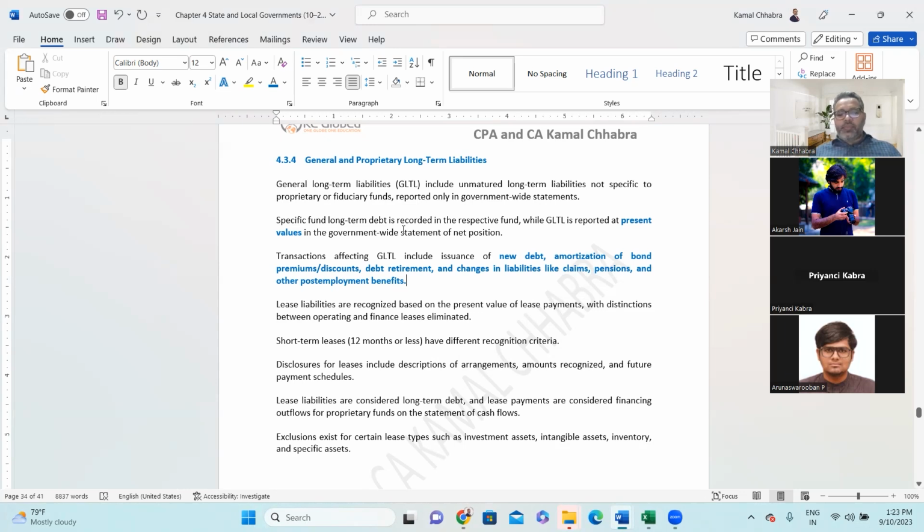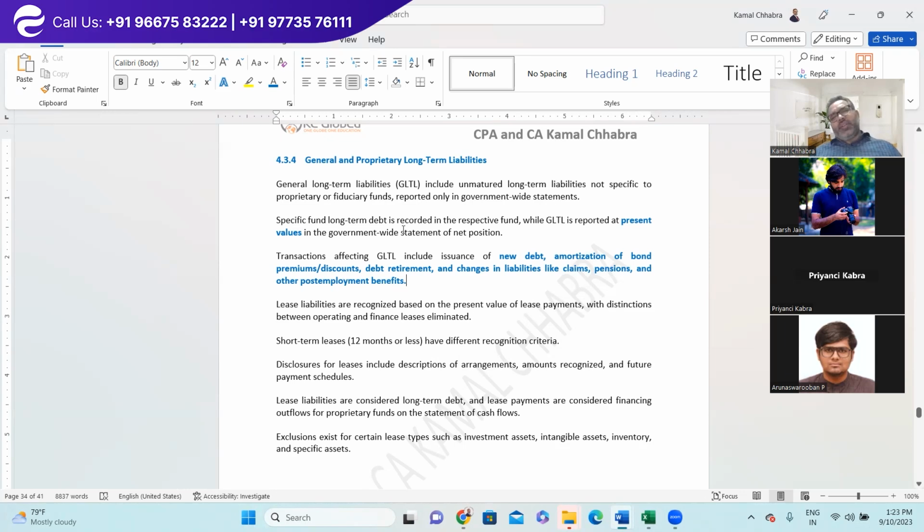So they are two different things. How we normally disclose the loan in the normal financial statement, the same way we'll disclose it in the fund financial statement. But when it comes to the government-wide financial statement, if for a general government activity the government has taken a certain loan from a third party or outsider, that needs to be disclosed at the present value.